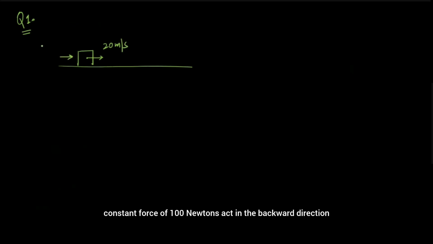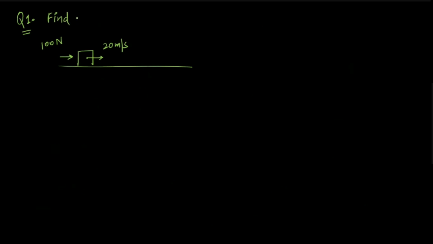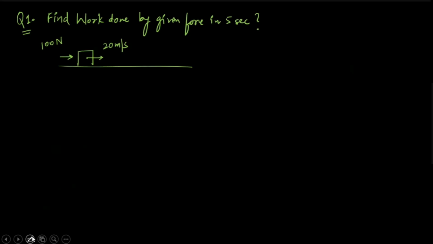A constant force of 100 newtons acts from the backward direction. The question is, find the work done by the given force in 5 seconds. So how are we supposed to do it? Let us understand. And the next one you'll be going to do.